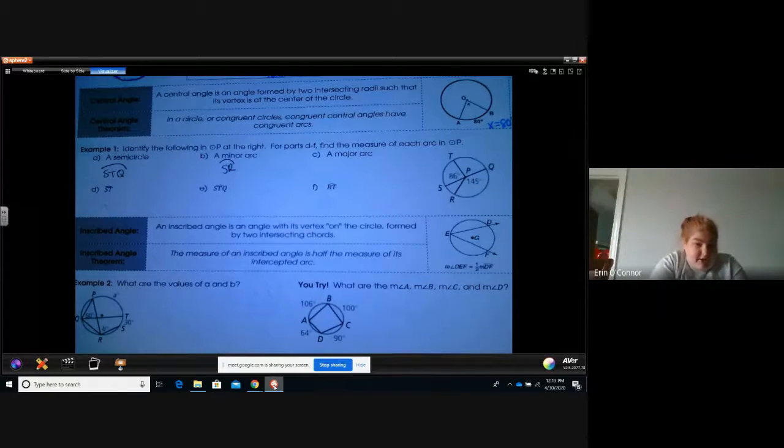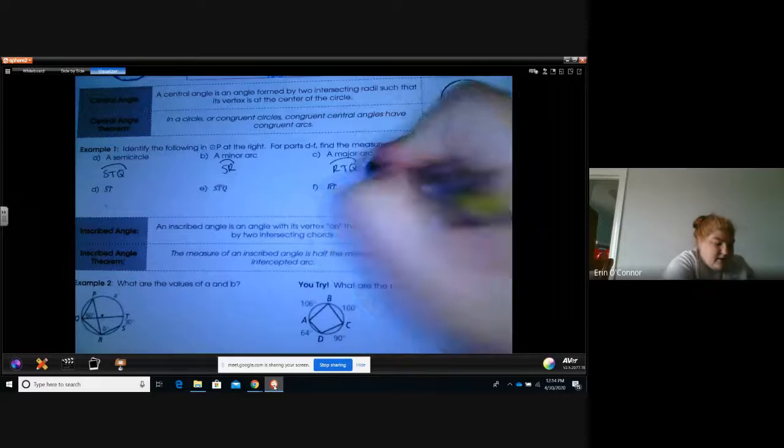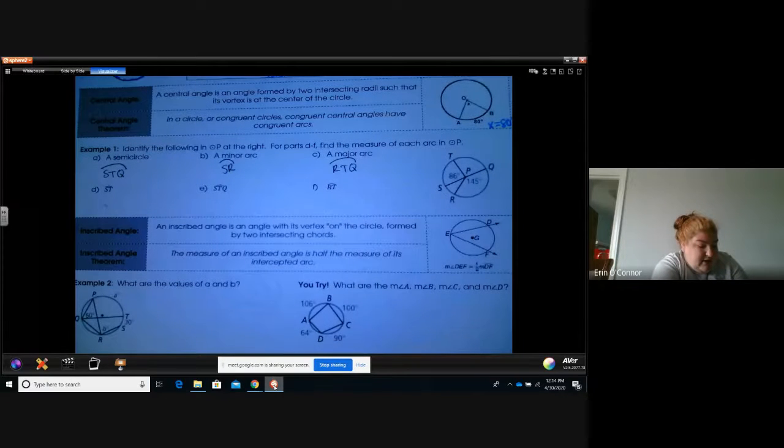A major arc. So for the major arc, I am going to do RTQ. Now I could call this RSTQ, but normally we just do 3 letters. RTQ is more than 180 degrees because it's more than half of a circle. So RTQ. You could have also done RQT. You could have done SQT.